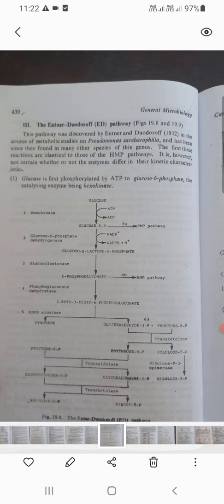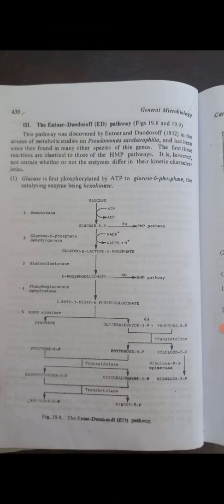However, it is not certain whether the enzymes differ in their kinetic characteristics. The pathway is run by organisms of the Pseudomonas genus, and other species of this genus also carry this pathway to be run in critical conditions.